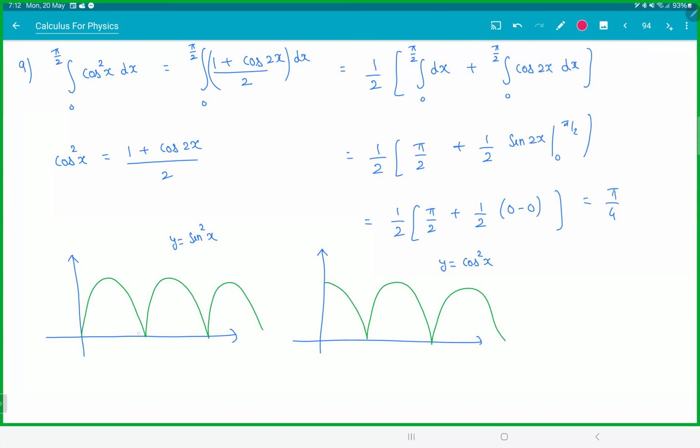So when you say 0 to pi by 2, you are finding this area. Here, this is 90. You're finding this area. It is the same area, isn't it? It's still half only. It doesn't matter. That's why you're getting the same answer. So even though the answer looks the same, it doesn't mean they're exactly identical. This is a catch.